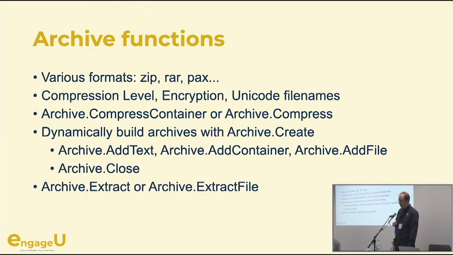If you need to extract something, we have an extract function to just extract all the files into a folder, or to just give you one file back. And since we also have a list function, you can just get the list of files in the archive, and then you can extract one by one if you need and do something useful.